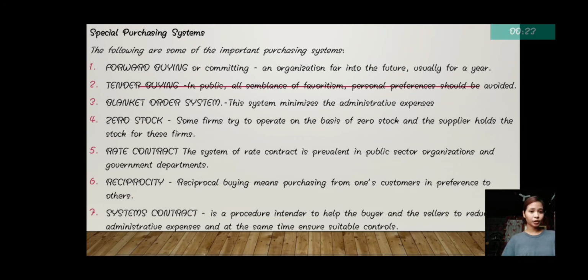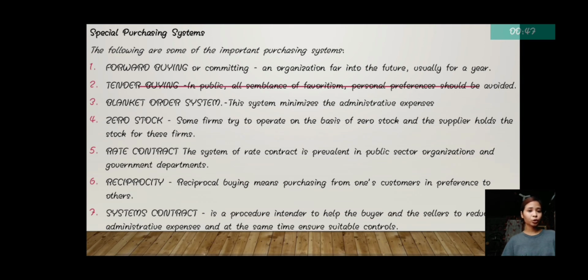So the first is forward buying or committing, which means the organization commits far into the future, usually for a year. In this system the organization must be committed. Usually it takes a year to materialize.